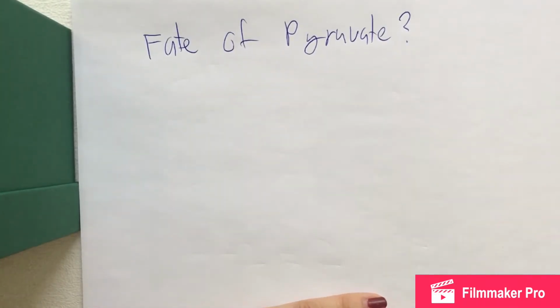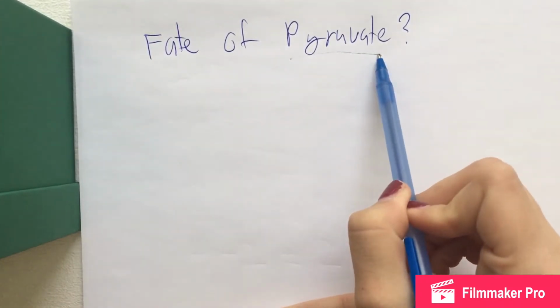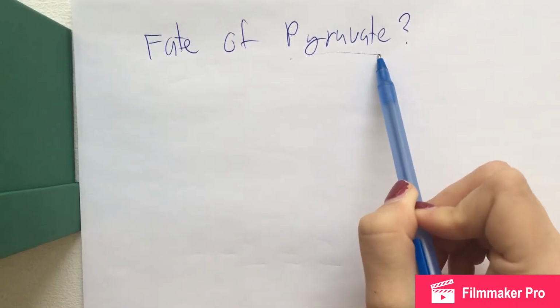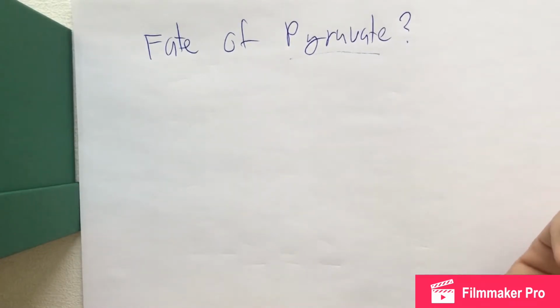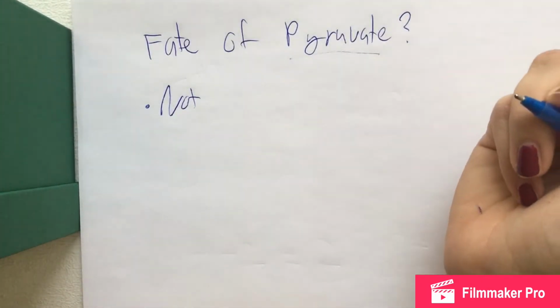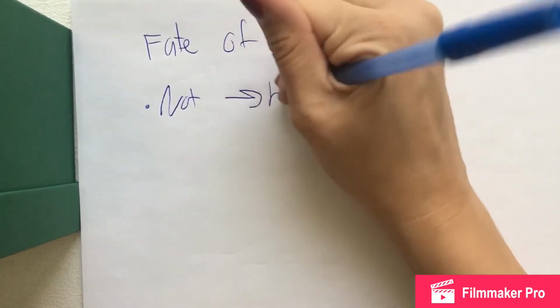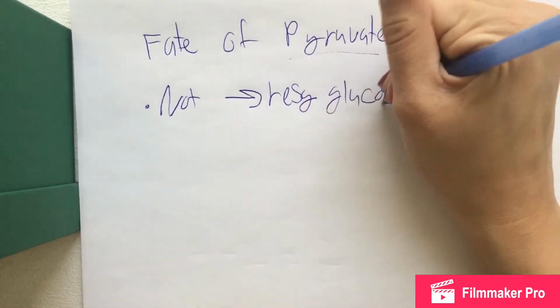After glycolysis occurs, you have the pyruvate that is formed. So you may ask, what is the fate of pyruvate? Well, it depends on whether the energy is not needed at the moment or if the energy is going to be used. Say the energy is not going to be needed at the moment. That will result in the resynthesis of glucose.